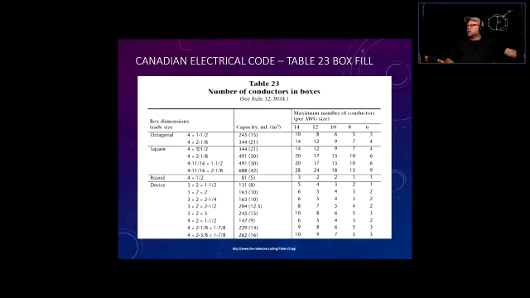Then of course now we can see there's a deeper box. It's still an octagon box, so the diameter is still the same, 4 inches, but now it's almost an inch deeper, 2 1/8 inches.